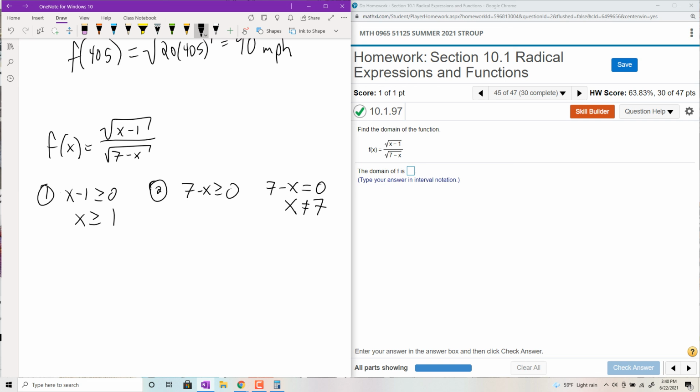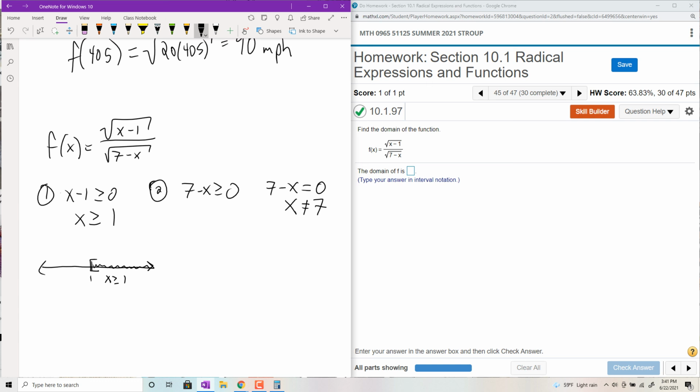Okay, so getting the interval notation for both of these. In the first case, all values of x greater than or equal to 1. So here's 1, and then everything greater than or equal to. This is x greater than or equal to 1.